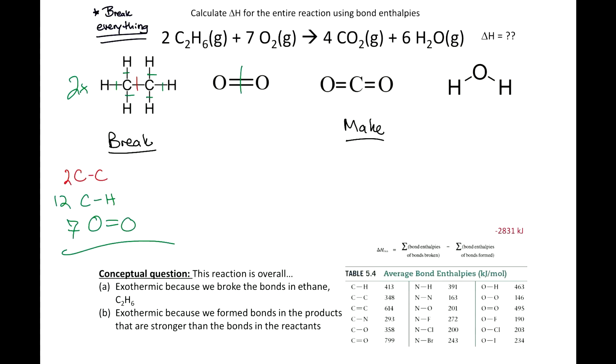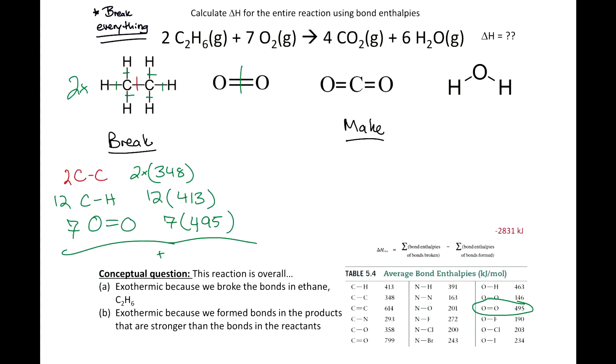Carbon-carbon is 347, but we multiply that by 2. There are 12 carbon-hydrogens, so that is times 413. And there are 7 oxygen-oxygen double bonds, so make sure you use the double bond value. So 7 times 495. We're going to add up all those numbers at the end.